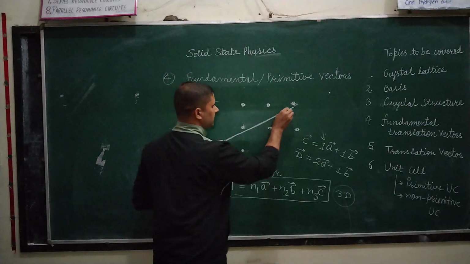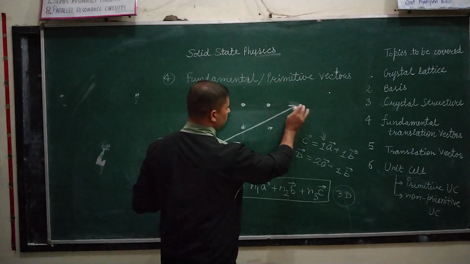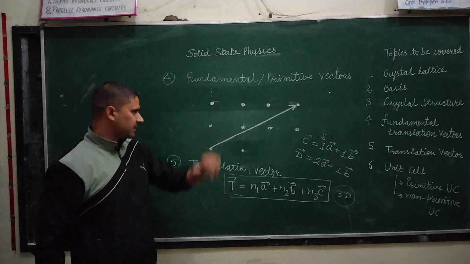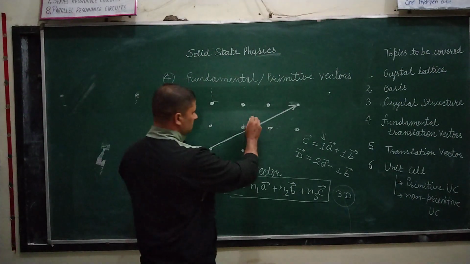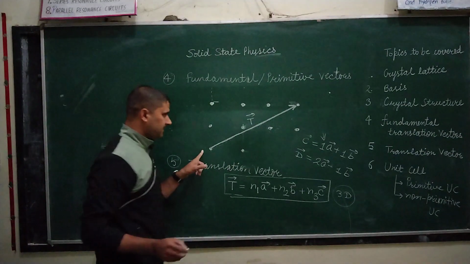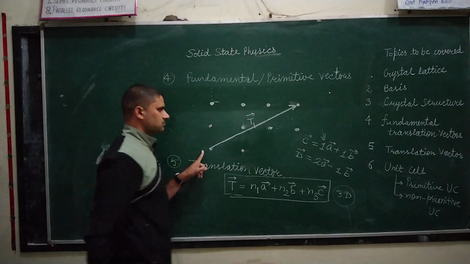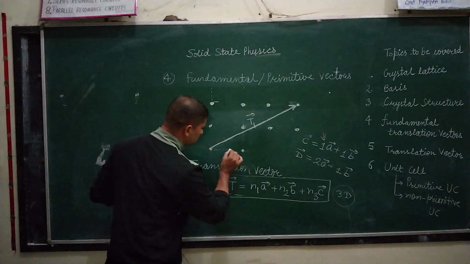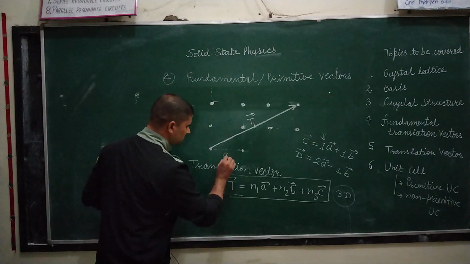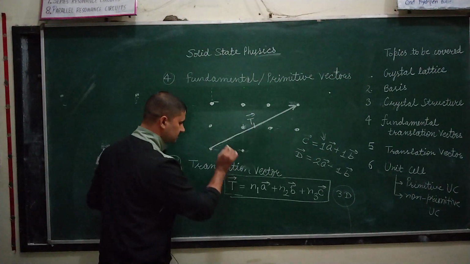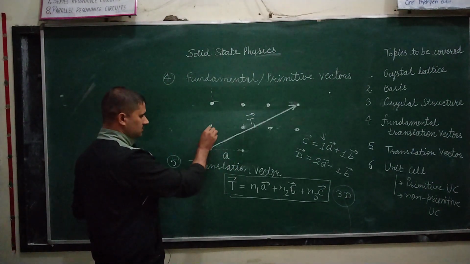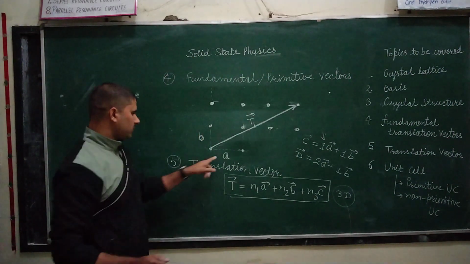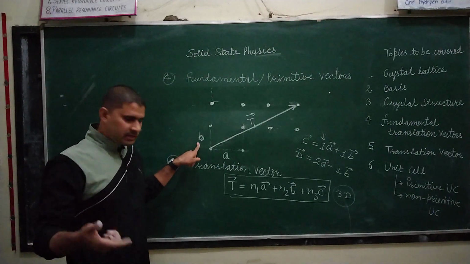You will see it is passing in between different lattice points. This is vector T, I will write it T1. In 2D we have two vectors. Along this direction particles are arranged at a distance a, and in the vertical direction the arrangement of particles is at a distance of b. So a and b are unit distances.